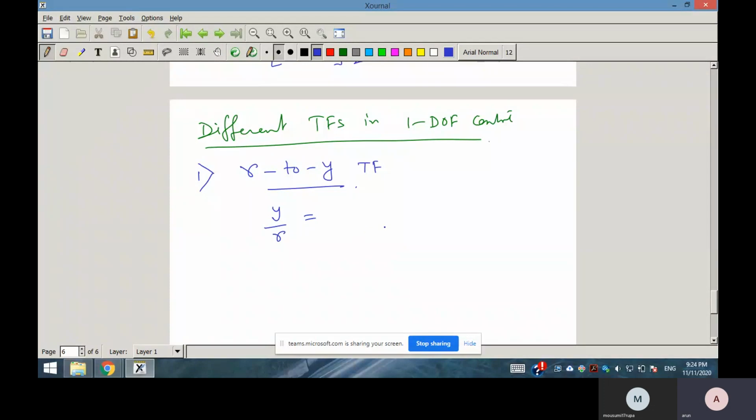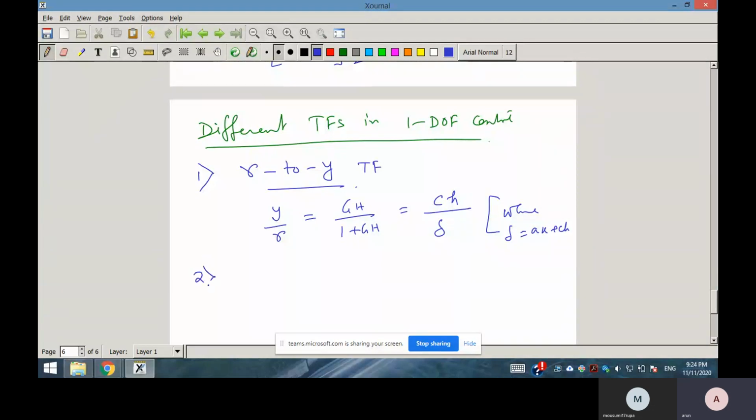So if you see G is again C by A, H is small h by K. So if you do it, you will get CH divided by delta, where delta is your AK plus CH. CS H's divided by delta S. I am not writing all those S, but actually it will be C(s) H(s) divided by delta(s).